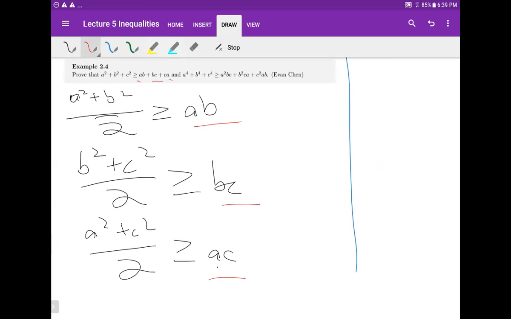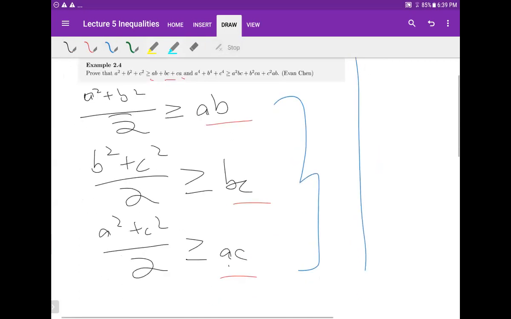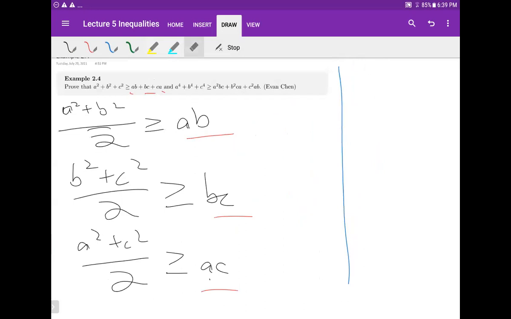And now you notice that if you take these three equations and you add them together, then what you would essentially get is this inequality here. Let me just write that out for you. Let's number these 1, 2, and 3.